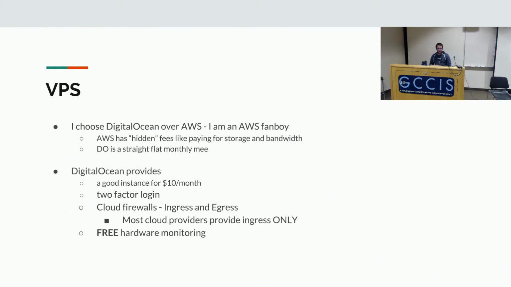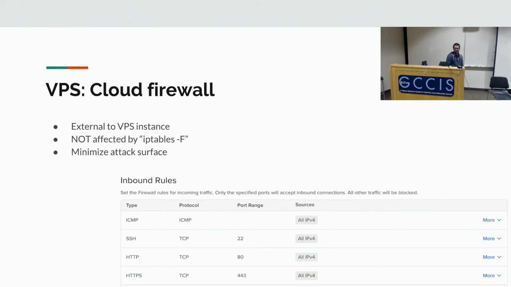DigitalOcean provides an instance that's really good for $10 a month. Again, it has two-factor login for their cloud platform. They even have a cloud firewall, which does ingress and egress. A lot of cloud platform providers only provide ingress firewalls. And they provide free hardware monitoring. The cloud firewall is external to the actual instance.